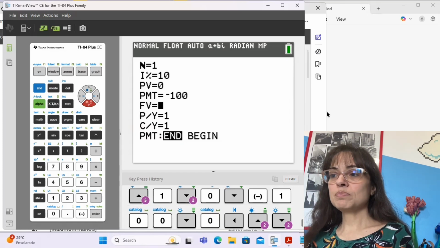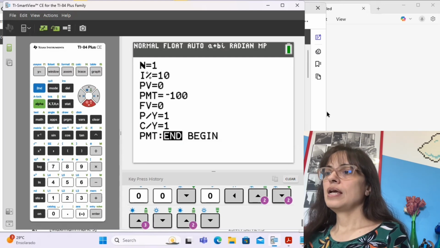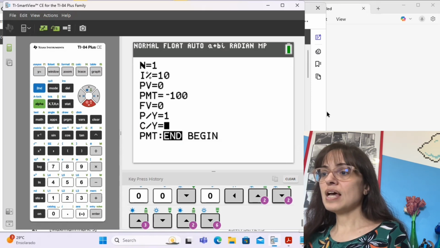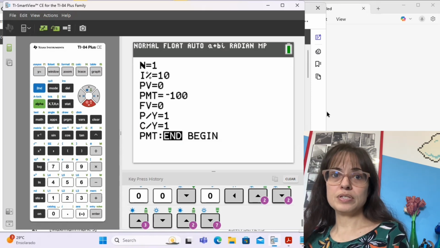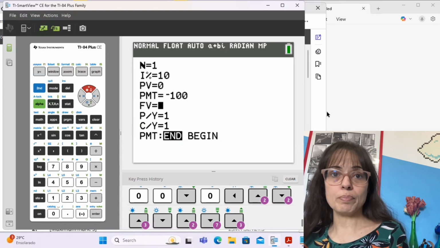Okay, and I'm going to check what happens to the future value. So if I am beginning with 0 money, 10% interest rate, but I'm only going to run this for one period, and I am going to put $100 in there. If this is happening at the end of the period, then I expect my future value to just be 100, because I put that 100 there in the end of the period. There was no time for the interest to happen.